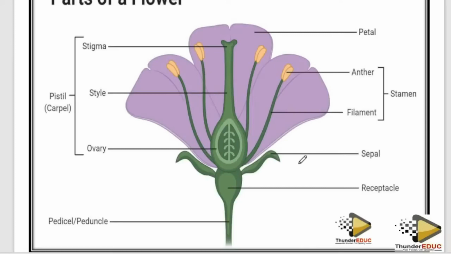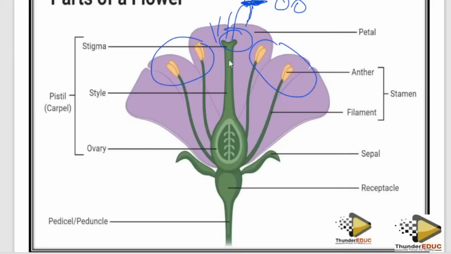Is this insect pollinated or wind pollinated? Check this and check this. The moment these anthers are below the stigma, it means that it is insect pollinated. Because if it was wind pollinated, the anthers would have been up so that when they shake, the pollen grains will fall on the stigma and then fertilization will take place.